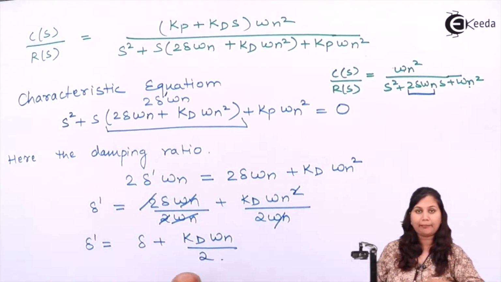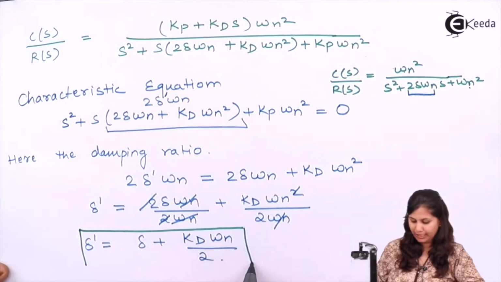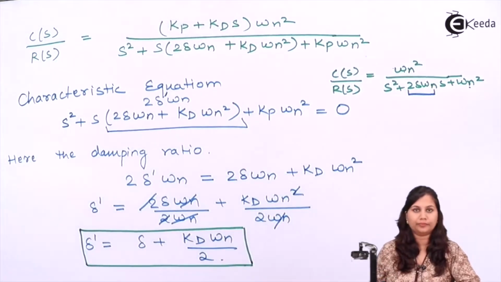So this is the new damping ratio due to the proportional and derivative controller. Okay.